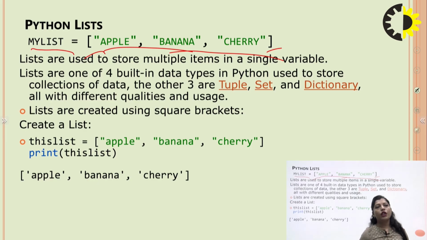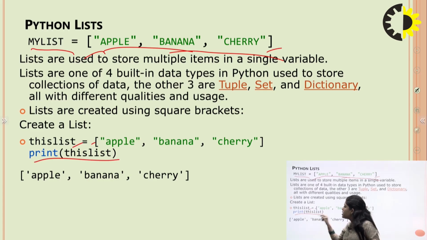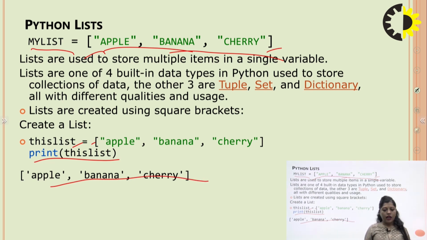Lists are one of the 4 built-in data types in Python which are used to store collections of data. The other 3 are tuple, set and dictionary, all with different qualities and usage. Lists are created using square brackets. Create a list, for example, this list is equal to apple, banana, cherry. We can print this list, so the output is apple, banana and cherry.